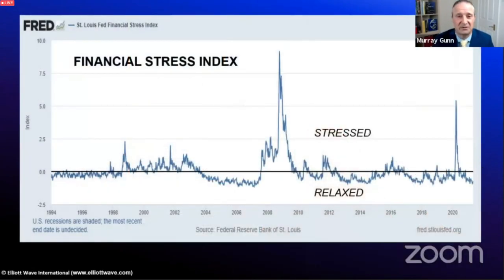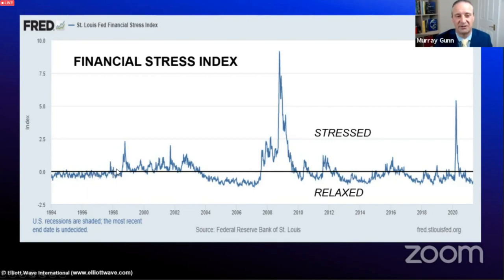Now, specifically, what's happening right now, we look at this chart here, the St. Louis Fed Financial Stress Index. And what this is measuring is the amount of stress in the financial markets based on things like volatility, the level of equity markets, interest rates, the level of corporate bond spreads relative to treasuries.